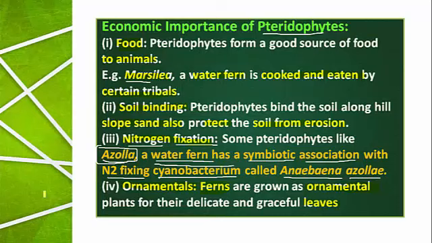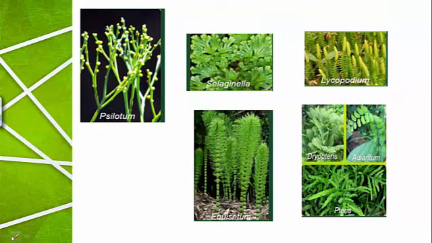Then the examples, some plants of pteridophytes. One is Psilotum. Two terms I already used while explaining the economic importance: Salvinia, Selaginella, then Equisetum, Lycopodium, Dryopteris, Adiantum and Pteris.